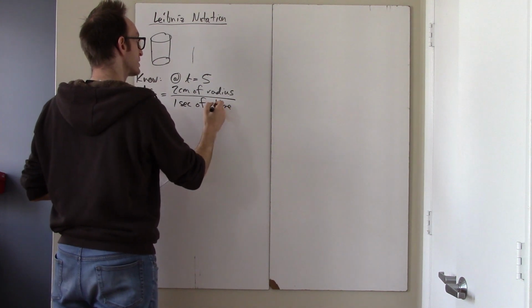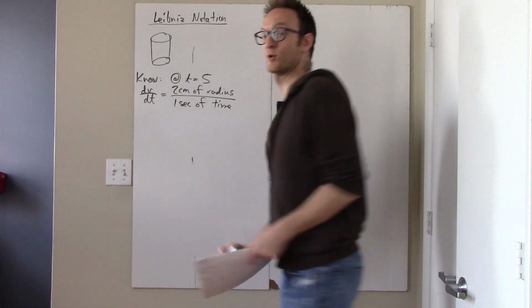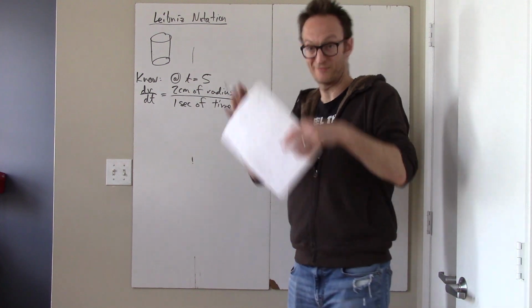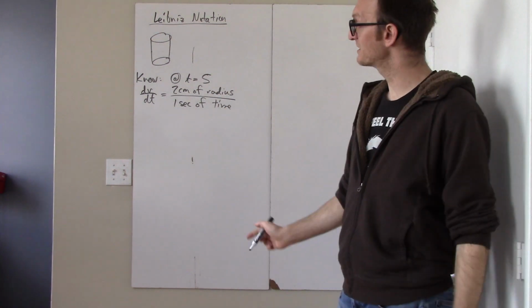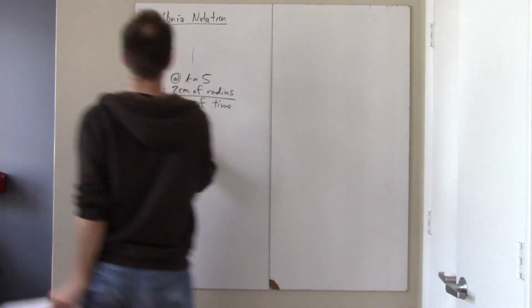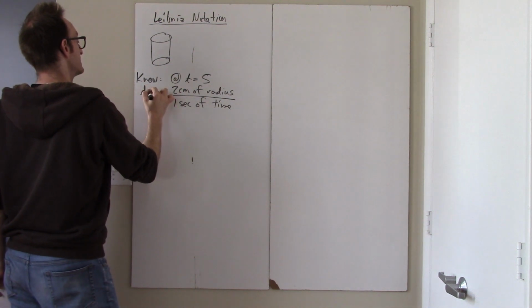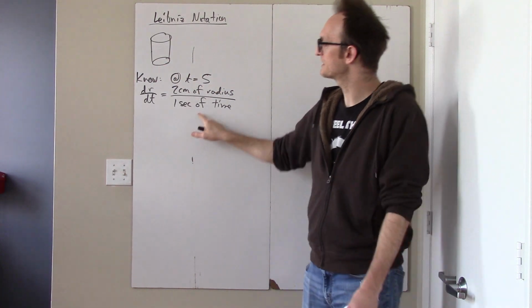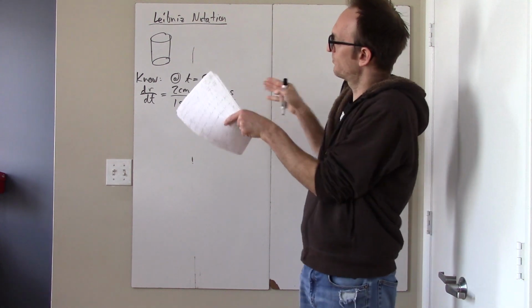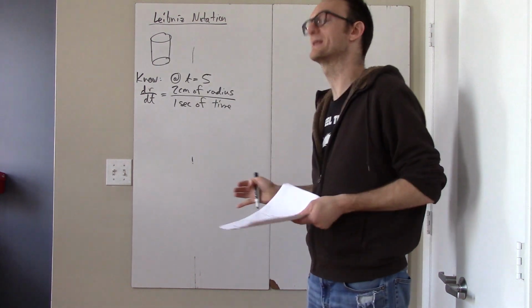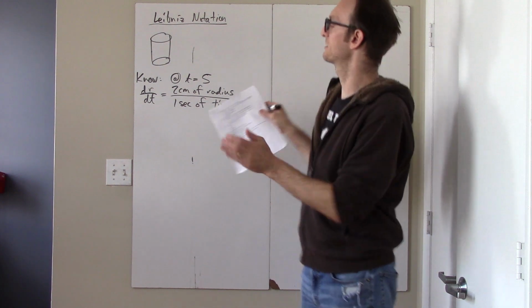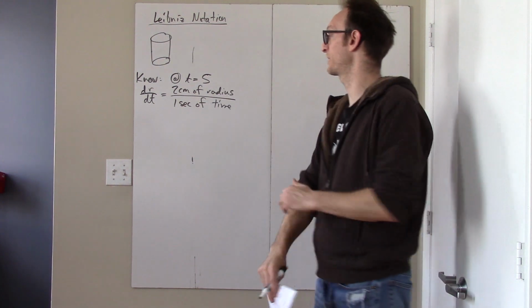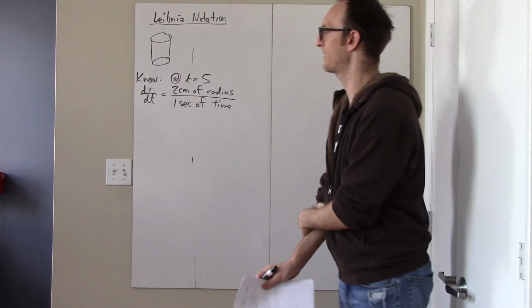In other words, more simply, just suppose that we know that the radius of this cylinder is growing, and specifically the rate at which this radius is growing is 2 centimeters per second. So at every single second, the radius is growing at a rate of 2 centimeters. So in a span of a second, it will get 2 centimeters bigger if it continued growing at that rate.